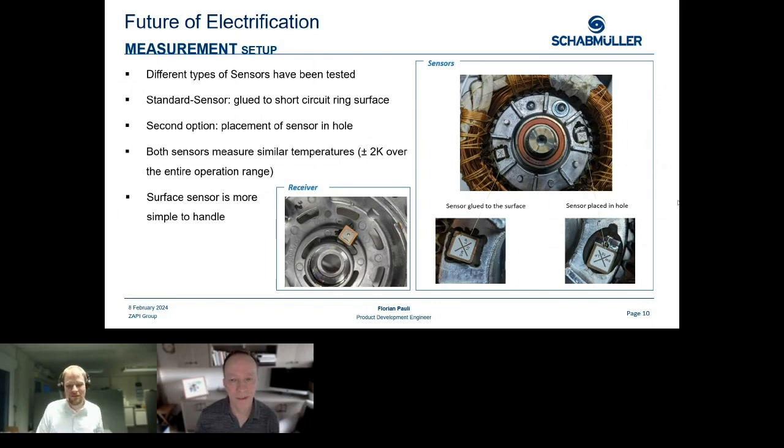So I have an approach for that, or we have an approach for that, but it's not a safely implemented process at Schabmüller yet, I think. You mean if the machine is subjected to certain temperature changes during its operation time, correct? Yeah.